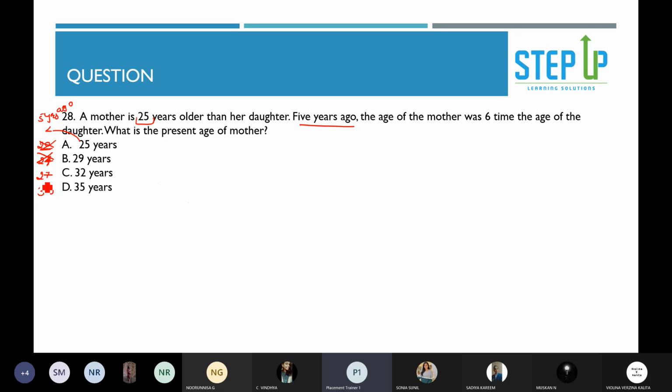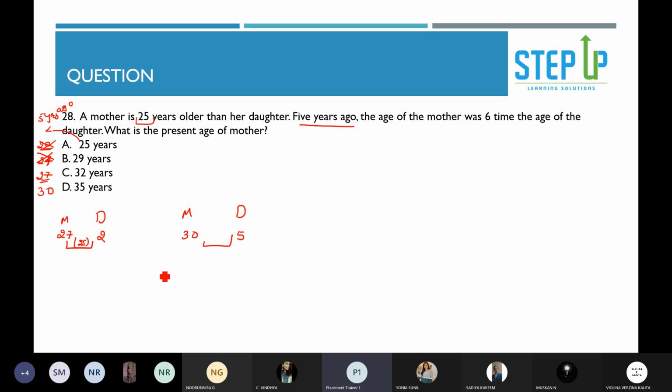Now, if mother's age was 27, daughter's age will be what? 2 years, because then the 25 years difference will come. And if mother's age is 30, daughter's age has to be what? 5.